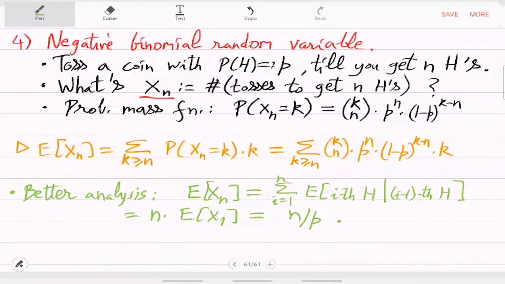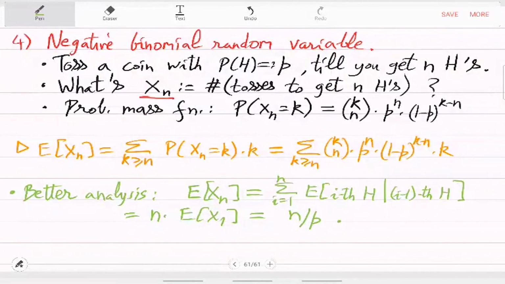Okay, so, believe it or not, this n over p is the same expression as the one in orange, and this is also much better to appreciate, right. Why do you get n by p? Because, well, one head already requires 1 by p, so n heads should require n by p.